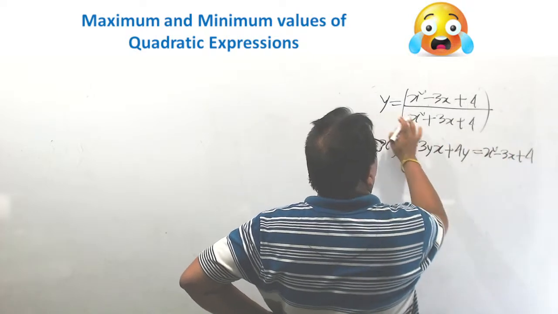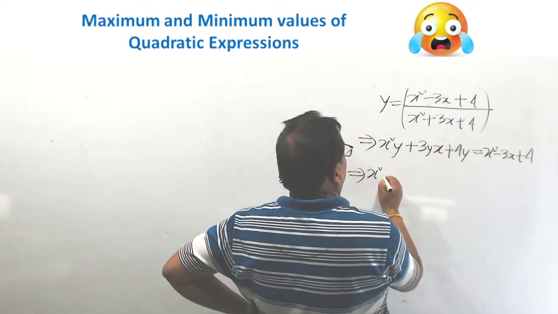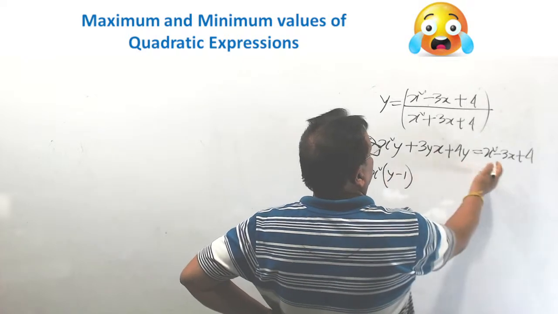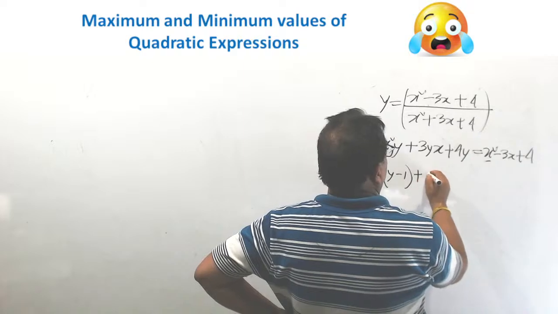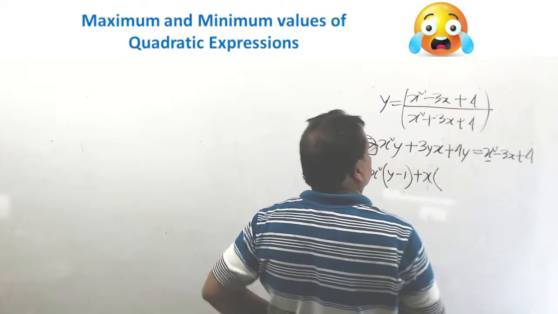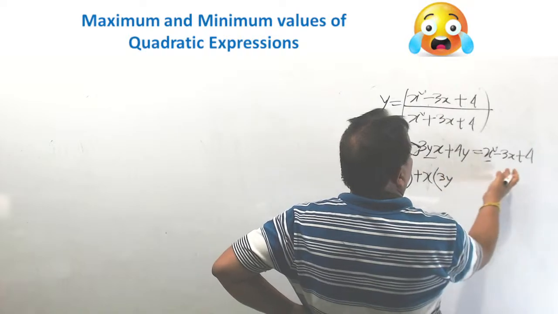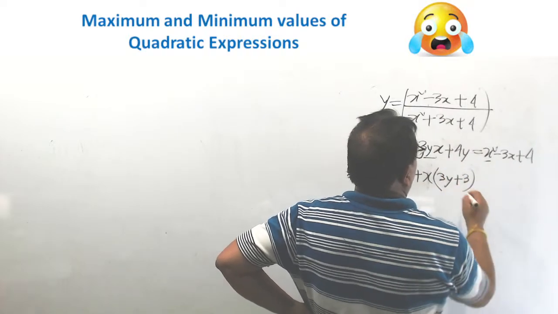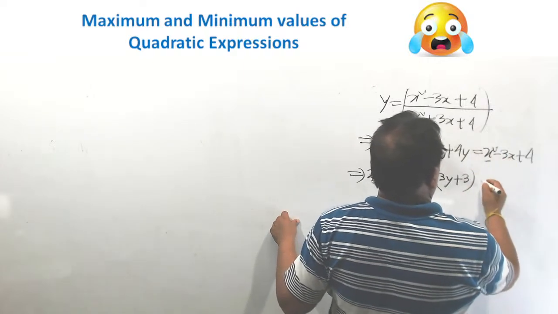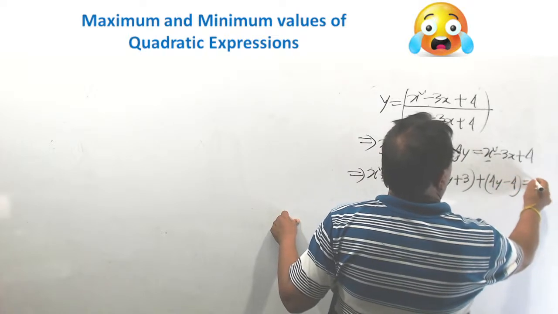Yes. Again check: x square y plus 3yx plus 4y. Take x square common: y minus 1. Understood? Y minus 1 plus x. If you take x common, then what will happen? 3y plus 3. Understood? 3y plus 3.